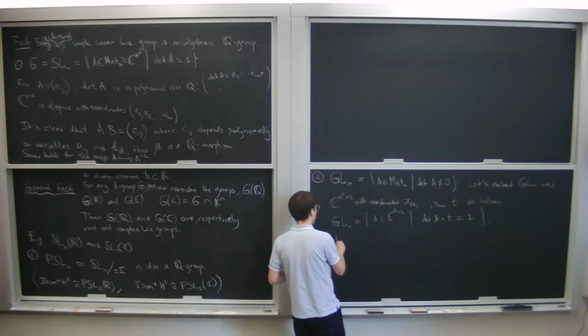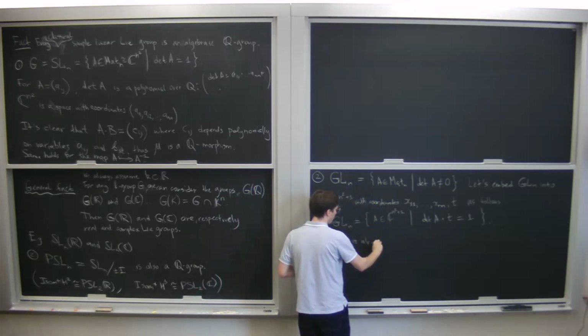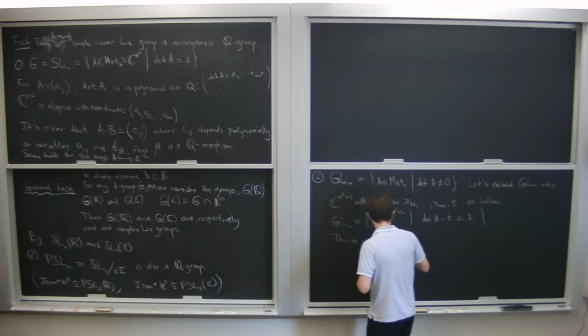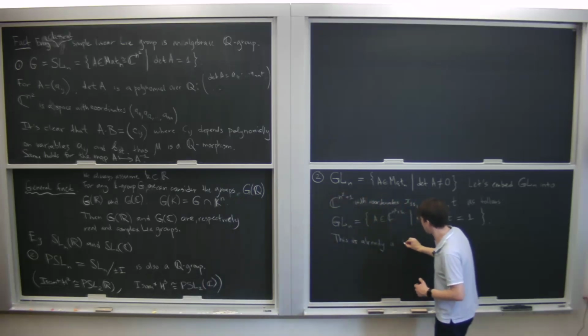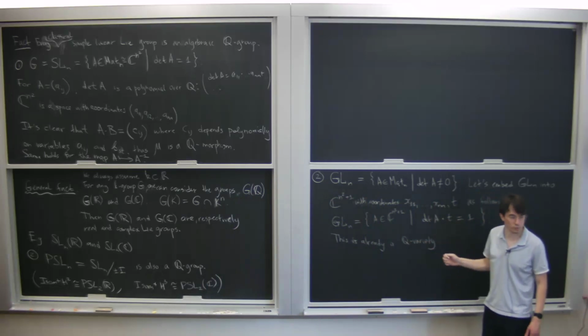And this is already a rational variety, a Q variety, and thus it is also a real variety and a complex algebraic variety.